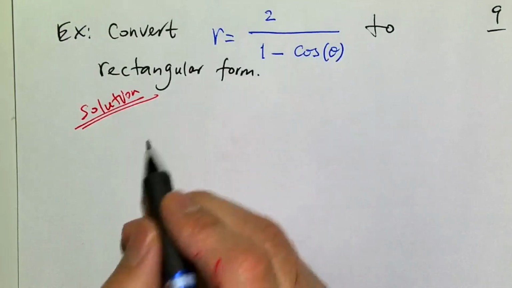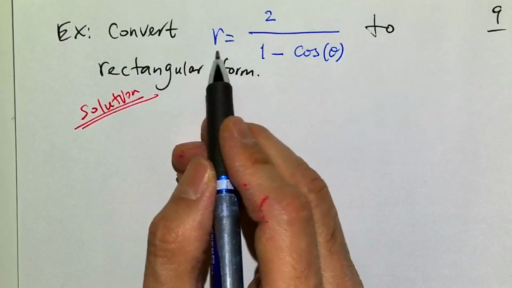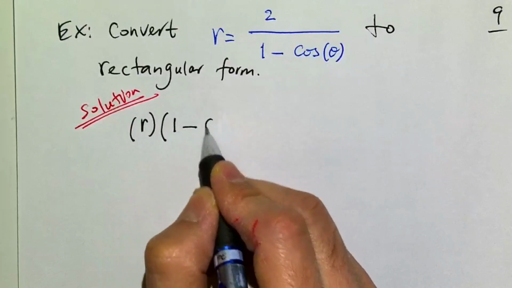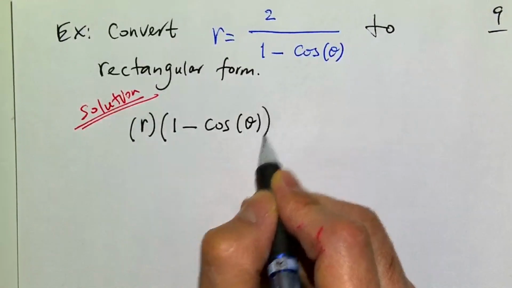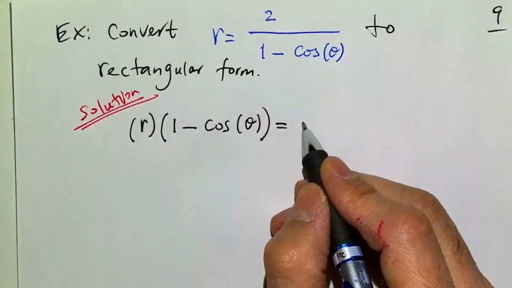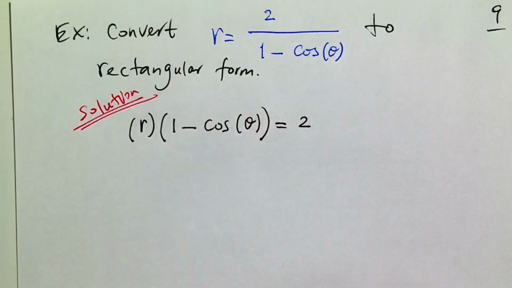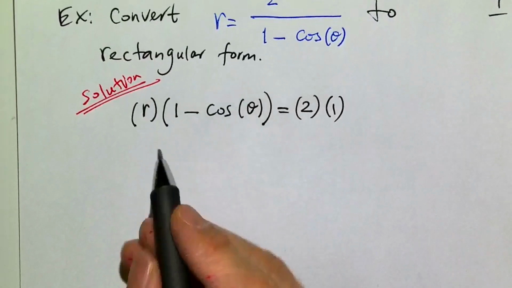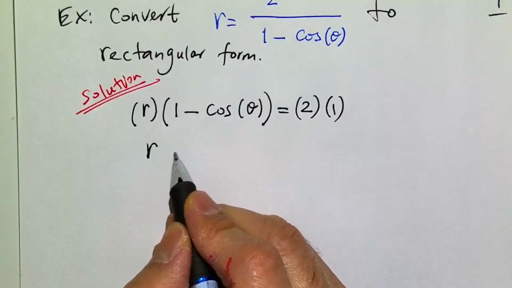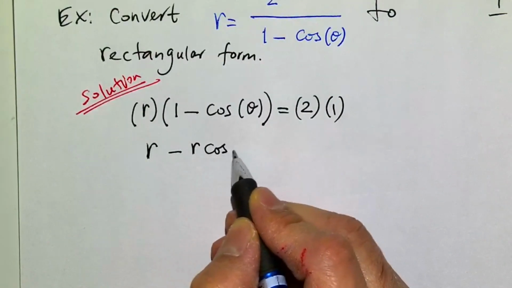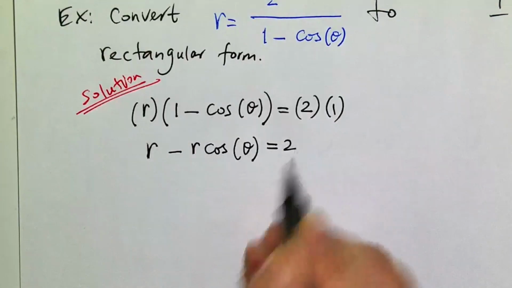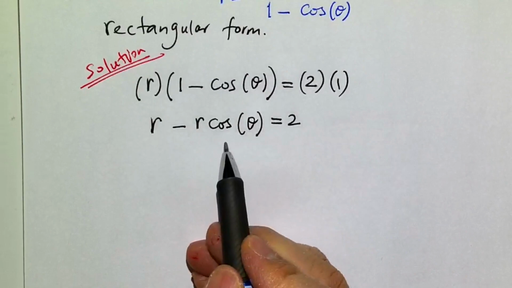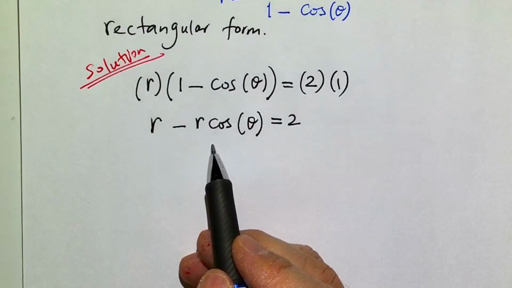So let's cross multiply, and we get, denominator here is 1, and after that we have r times 1 minus cosine of theta equals 2 times 1 is just 2, right? Let me write the steps fully. So let's distribute this. So we have r minus r cosine of theta equals 2, right? What is that piece? We know that, right?